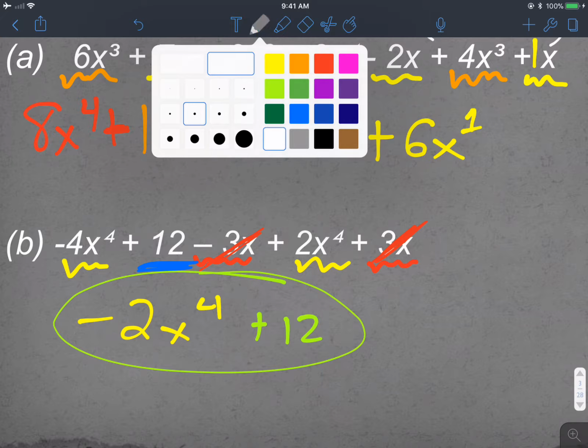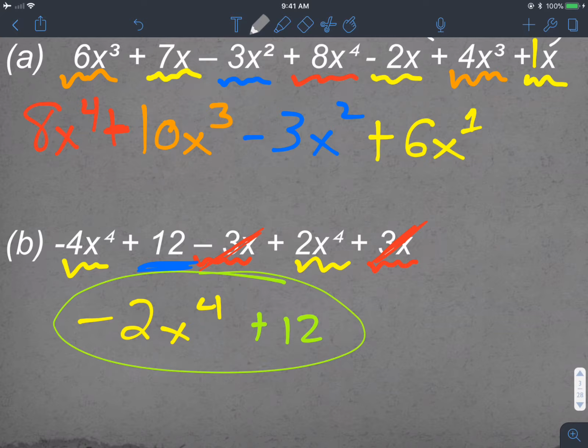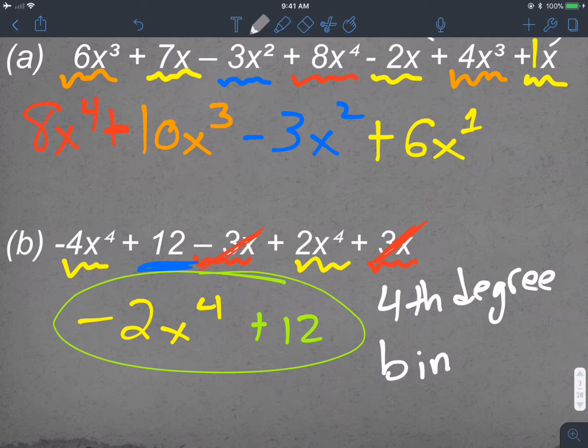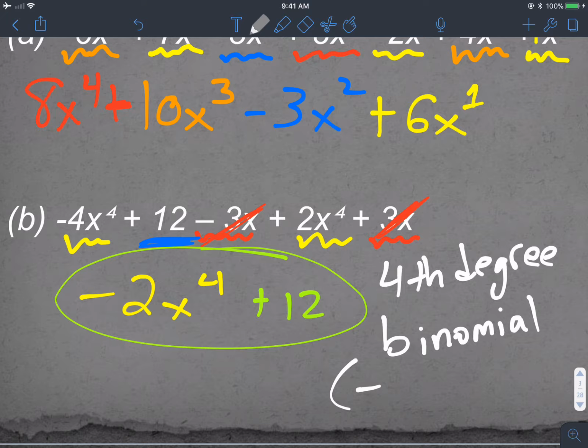I have to get some names in here too. So this thing is a 4th degree because it's the highest exponent. It's a 4th degree binomial because it's 2 terms. So if it's more than 2, then that's the poly.